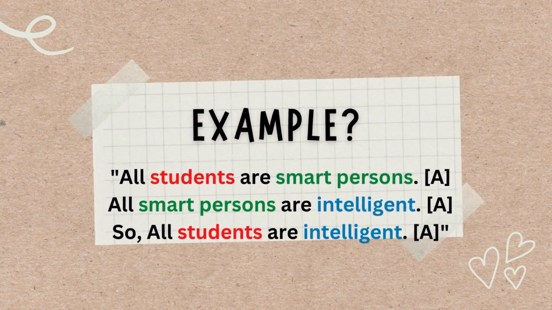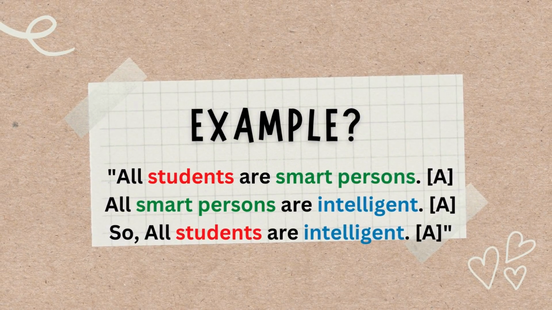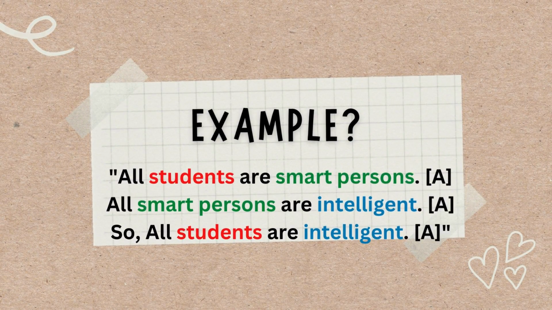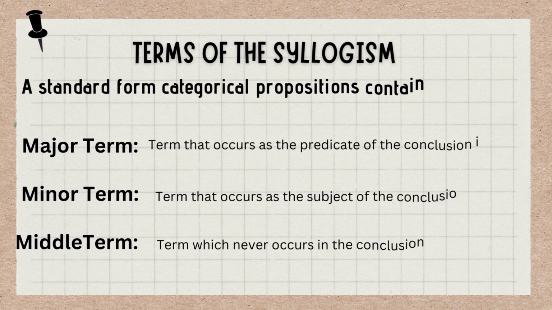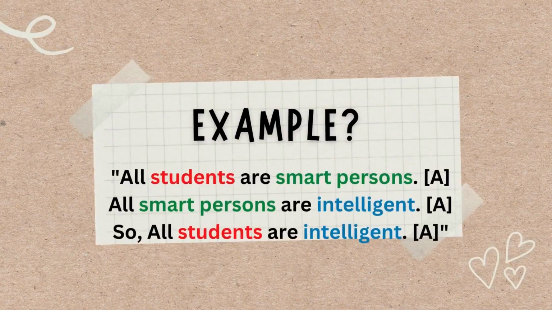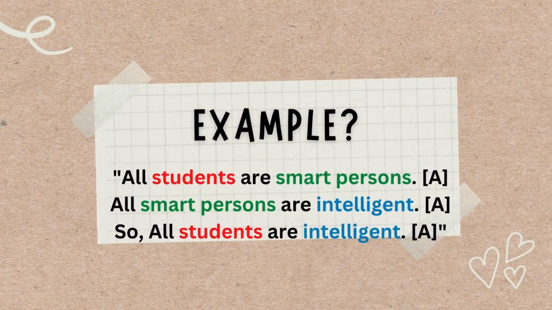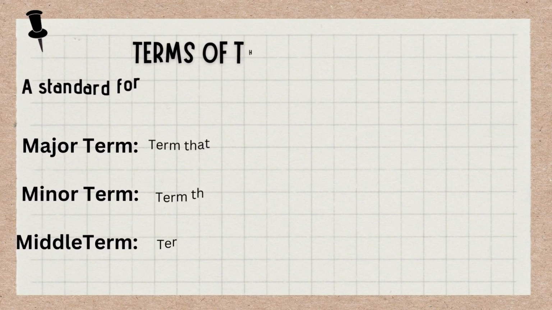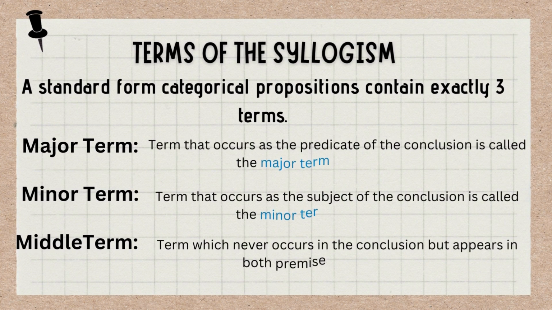Furthermore, we also have different terms in a syllogism. Let's see what they are. A standard-form categorical syllogism contains exactly three terms, as we have seen. We differentiate the three terms as the major, minor, and middle term.